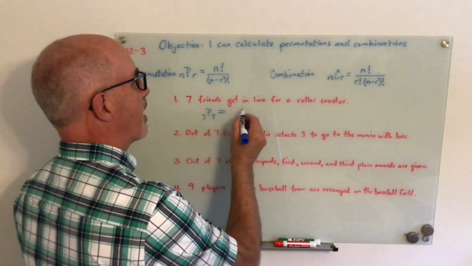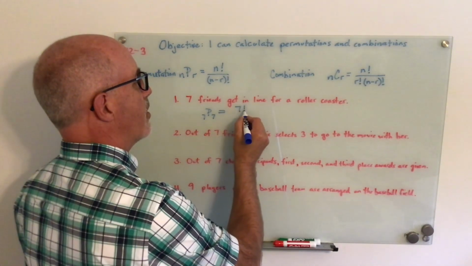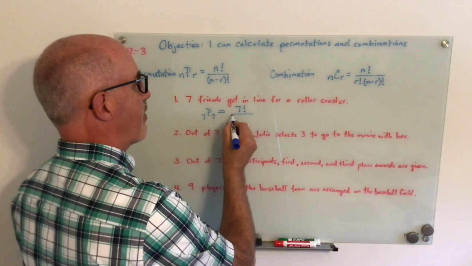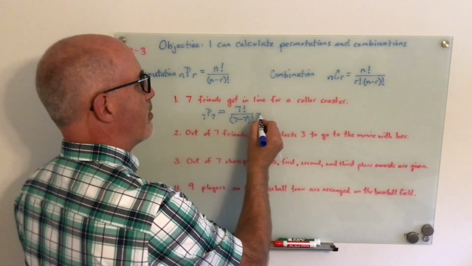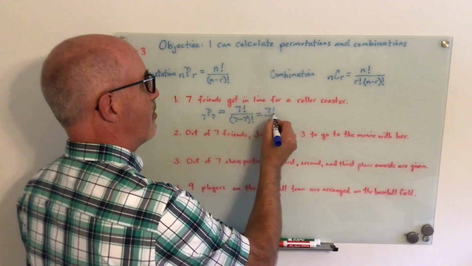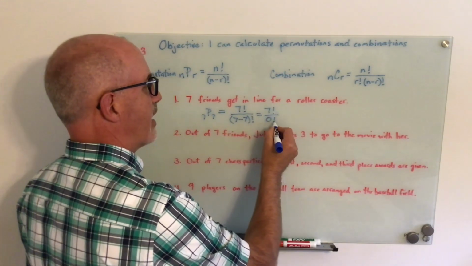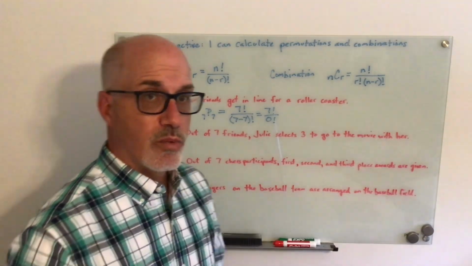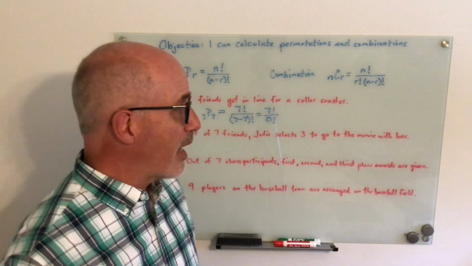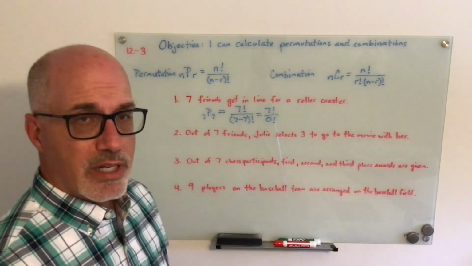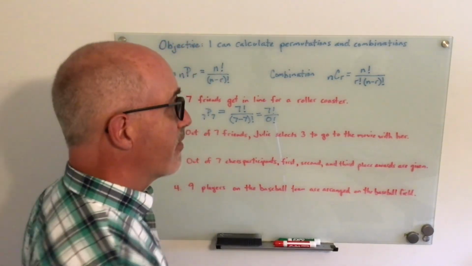So what that looks like is 7 factorial over 7 minus 7 factorial, which is equal to 0 factorial. Now here's a fact that I need to make sure you list, maybe put on the other side with your notes, and put a big box around it. This is important because it comes up frequently enough.